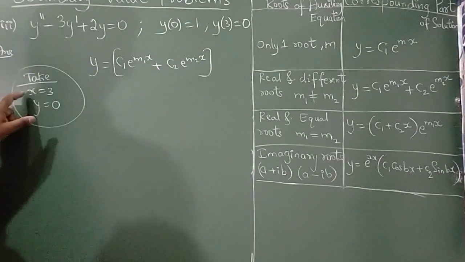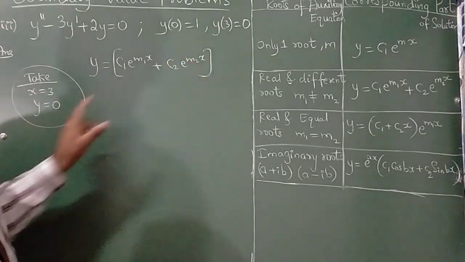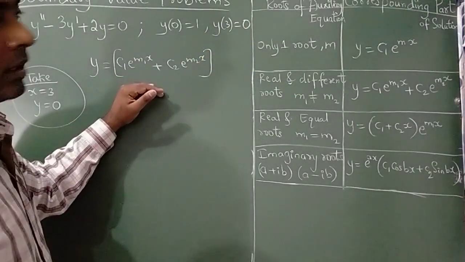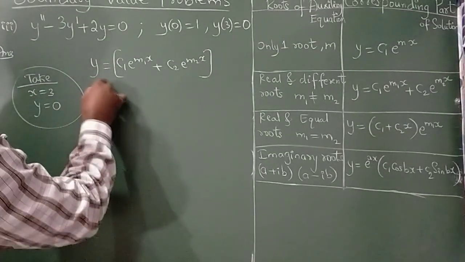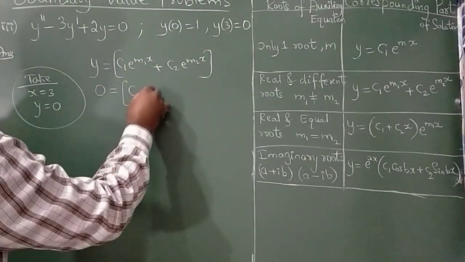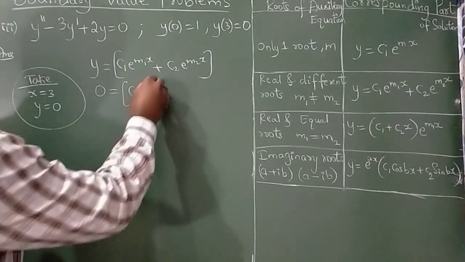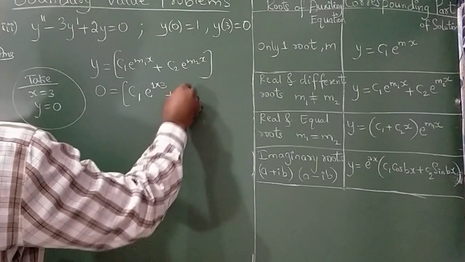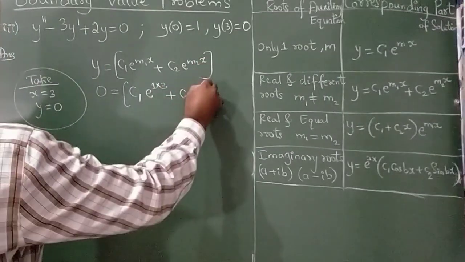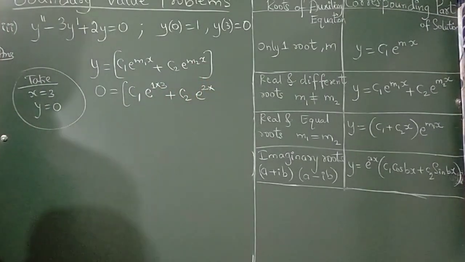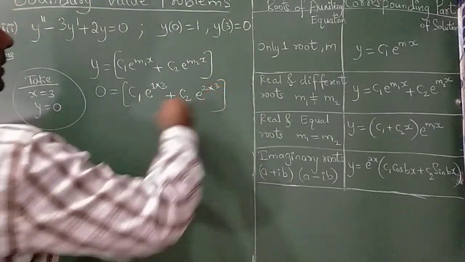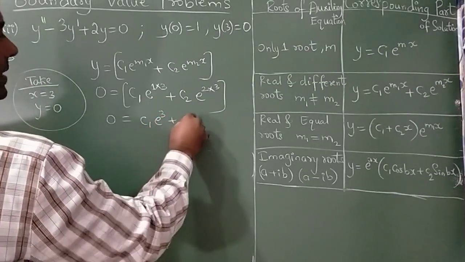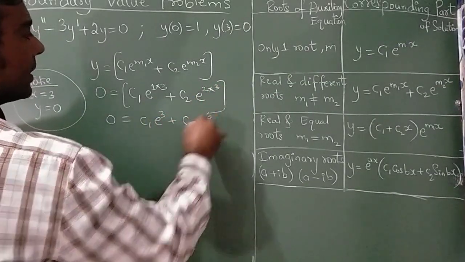Now I have taken x is equal to 3 from here. Now y is equal to 0. I am going to substitute this in this solution. That is 0 is equal to C1 e raised to M1, I have got 1 into x, which is 3, plus C2 e raised to M2, I have got 2, and the x value again is 3. So 0 is equal to C1 e raised to 3 plus C2 e raised to 2 threes are 6.